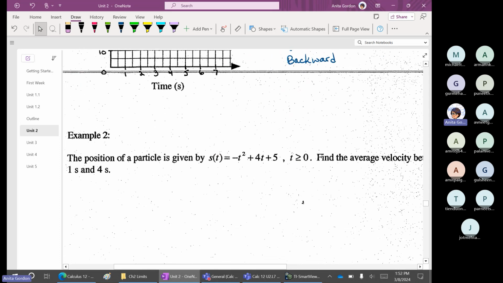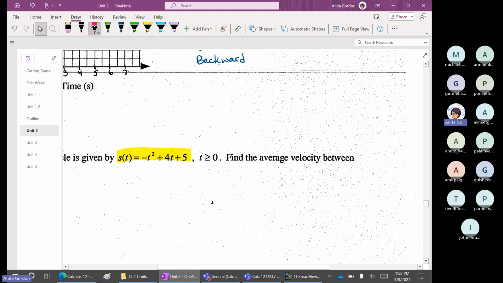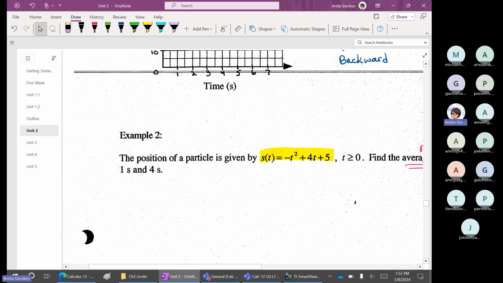The position of a particle is given by the function s of t equals blah, where t is a positive number. Find the average velocity, so this is your slope, between the points of 1 second and 4 seconds. So first, let's figure out what is the distance or displacement at 1, what is the displacement at 4.